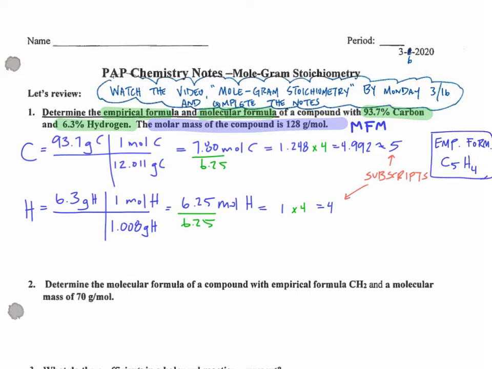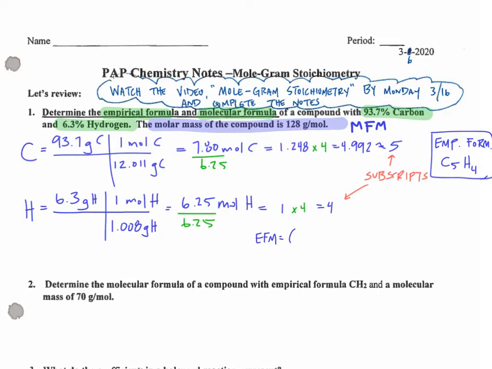So now the next step is to find the molecular formula. To find the molecular formula, you've got to find the empirical formula mass first. The empirical formula mass is the mass of my compound in the empirical formula. So I've got 5 carbons, 4 hydrogens, so I need to add those up.